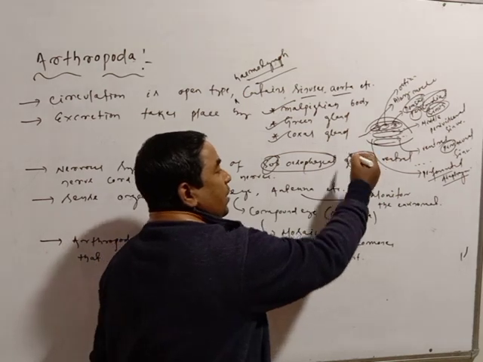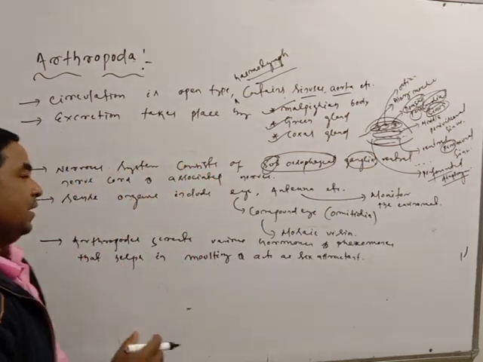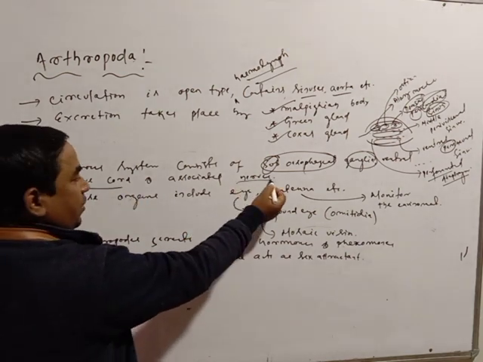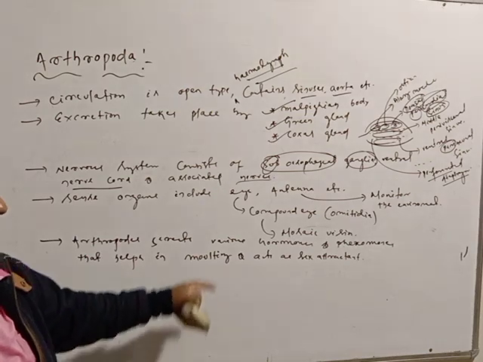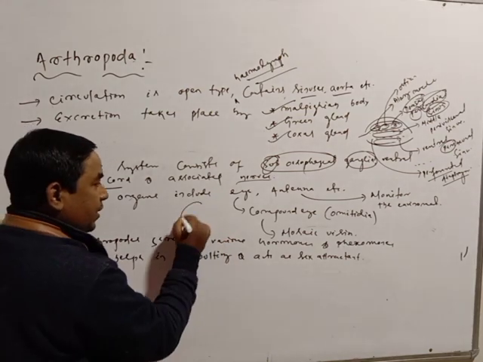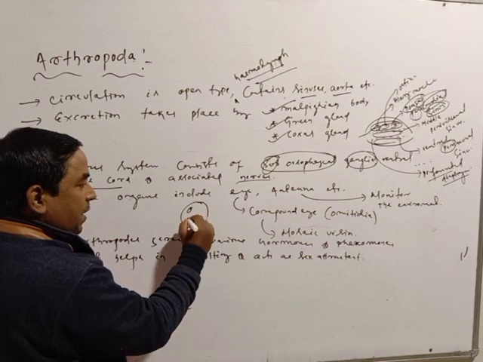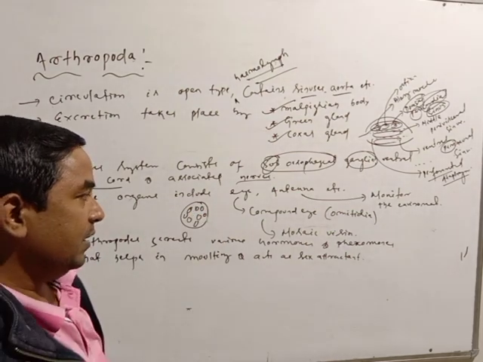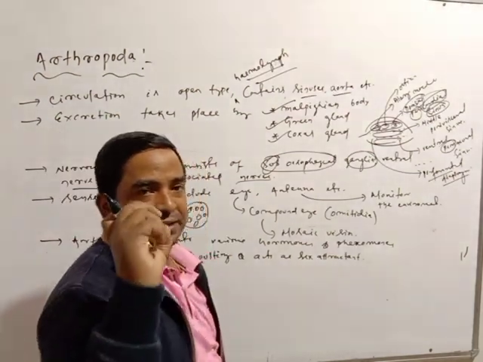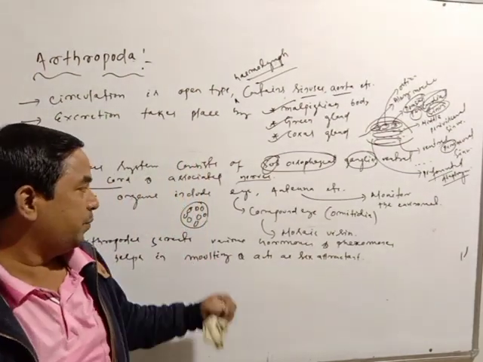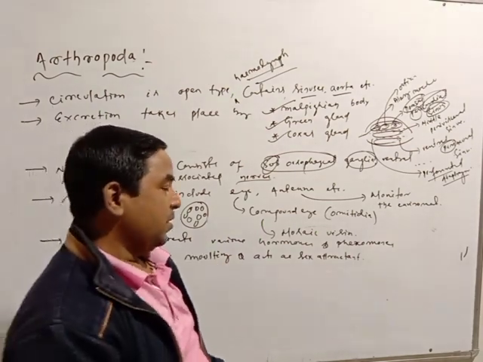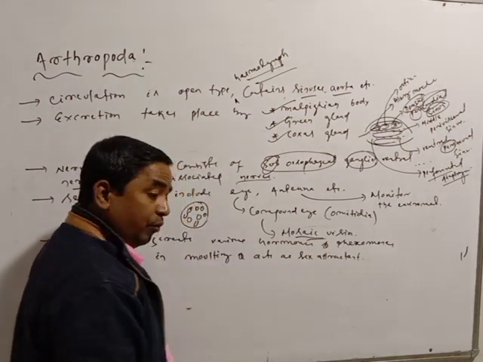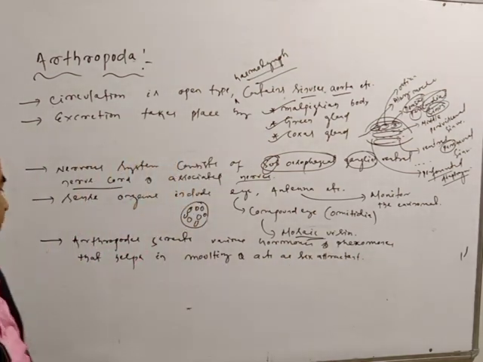A ganglion is a compact mass without intercellular space, and a ventral nerve cord is there in association with various nerves. The sense organ is the compound eye, which contains units called ommatidia. Each ommatidium is a functional unit that picks up a certain portion of a picture, and all these are assembled to form a whole picture. That is why it shows mosaic vision, which is more potent at night.